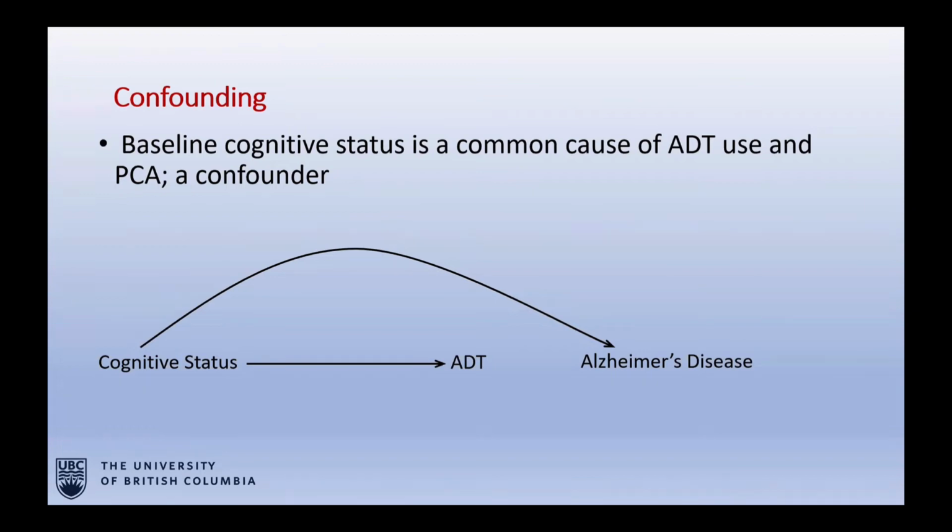Martin, the study that he showed on the slide before says men have lower cognitive status before starting ADT. Okay, which I've never heard of before. I've never heard of that either. Yeah. And again, this is just an example to show confounding. I haven't done a systematic search on exactly what the relationship is between ADT, Alzheimer's disease, or cognitive status, but just to show how a confounding structure would work.